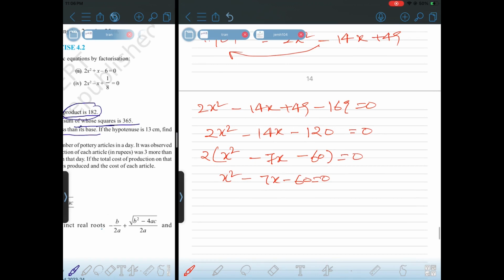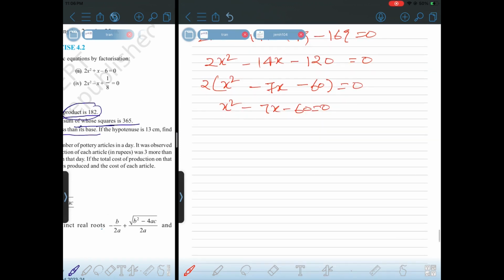So you have to solve this equation. Again, find the factors of 60. Sorry, let me drop this line. So the factors of 60: 2, 30, 15, 5, 5, 1. I think it's very clear now.